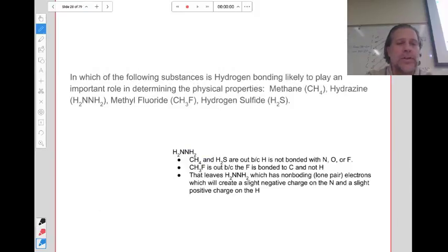We should probably answer some questions first. Which of the following substances is hydrogen bonding likely to play an important role in determining physical properties: methane, hydrazine, methyl fluoride, or hydrogen sulfide? If we remember that methane is CH4, when we draw that structure, it looks something like this.